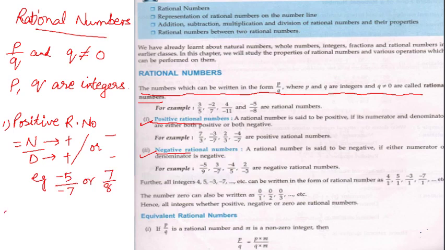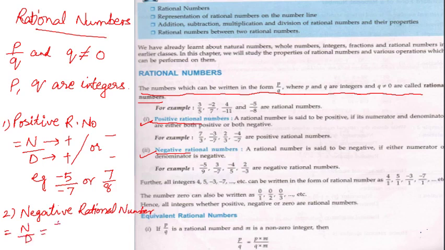And what are negative rational numbers? Negative rational numbers will have different signs, meaning either your numerator or denominator will have the opposite sign. Look here, n is your numerator and d is your denominator.